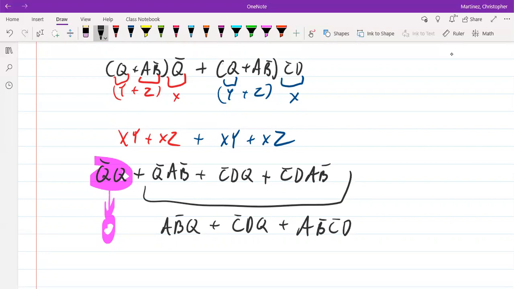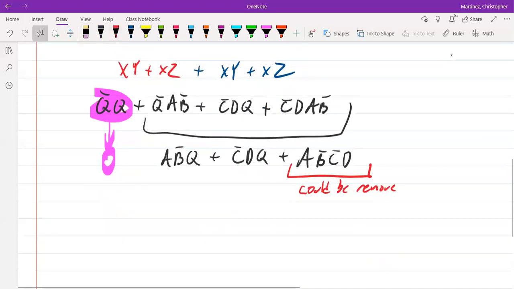All right, so we get these terms, and the result is that we have this term here that could be removed. It's not real easy to see how to remove it. This will be in another lecture where we're going to use the consensus theorem to remove it.